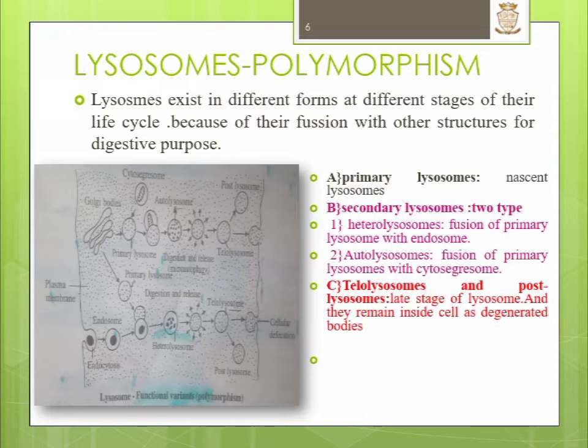The fusion of primary lysosome with endosome is known as heterolysosome, and the fusion of primary lysosome with the cytosegresome is known as autolysosome. And the third type is telolysosome, and postlysosome is also present. The latest stage of lysosome is the telolysosome, which remains inside the cell as residual bodies.